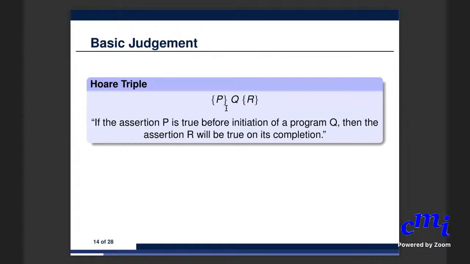The Hoare triple is the atomic formula of Hoare logic. It is a triple written this way, where Q is a program, a piece of code in the grammar of the programming language that we have defined.